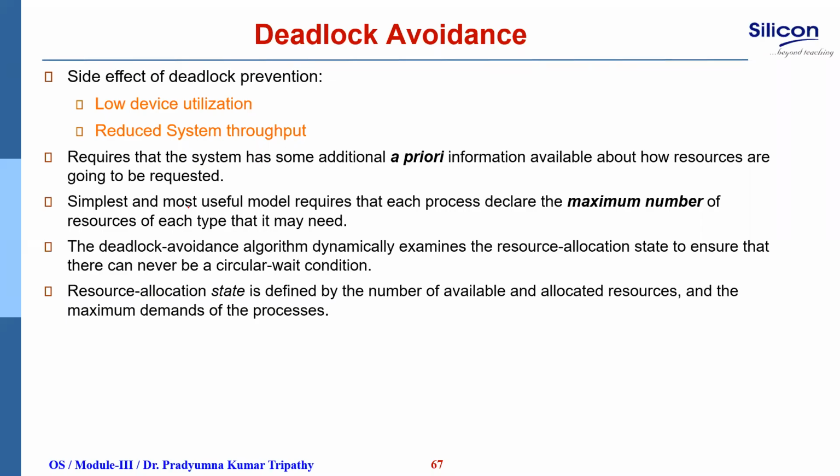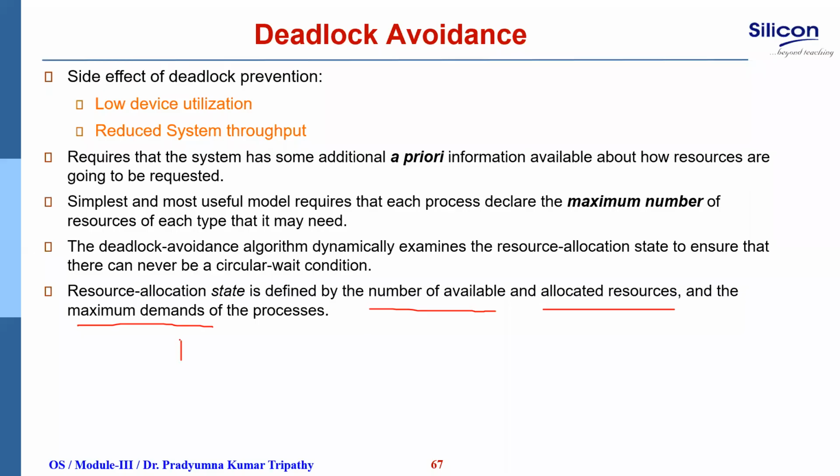So resource allocation state is defined by the number of available and allocated resources and the maximum demand of the processes. If I say resource allocation state, what does it mean? There are three things. What is the number of available resources? What is the number of allocated resources? What is the maximum demand? Correct?